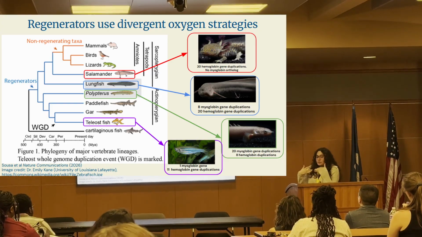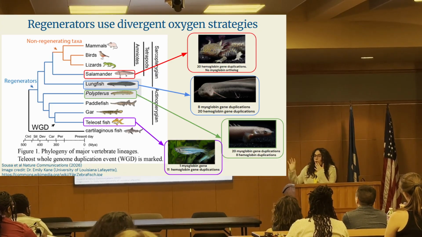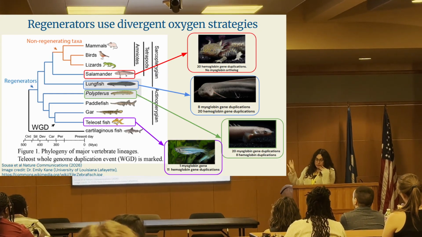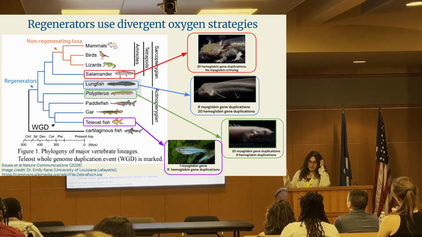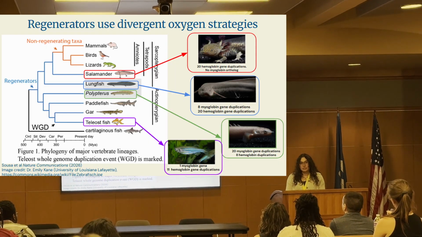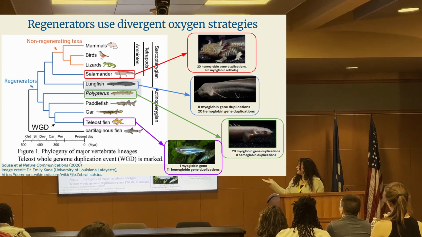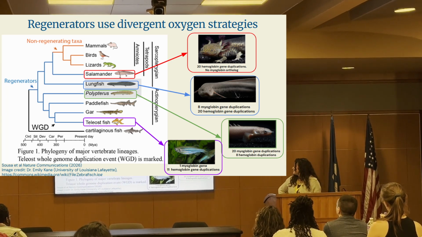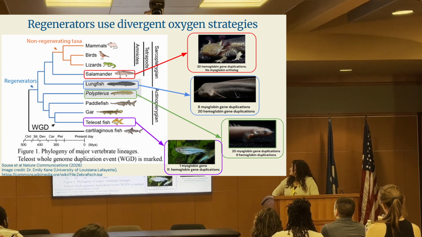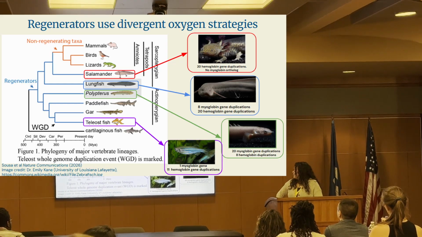So I'm really wondering specifically why three closely related species have very different oxygen management strategies. And then looking to a more distantly related but still regenerator, the zebrafish.